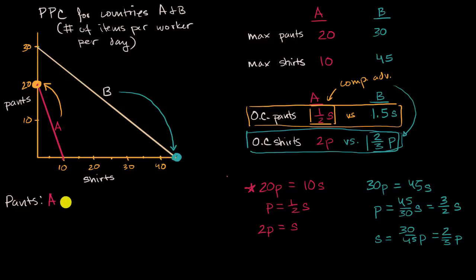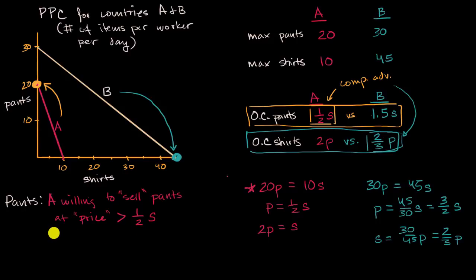So A is willing to sell pants at a price, I'll put that in quotes because we're really thinking of price in terms of another good, greater than their opportunity cost, greater than 1/2 of a shirt. And you could think of this as willing to trade or sell, I'll put that in quotes, they're really trading in our everyday language right over here.